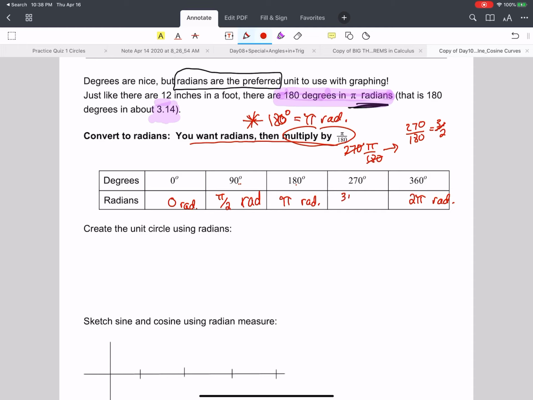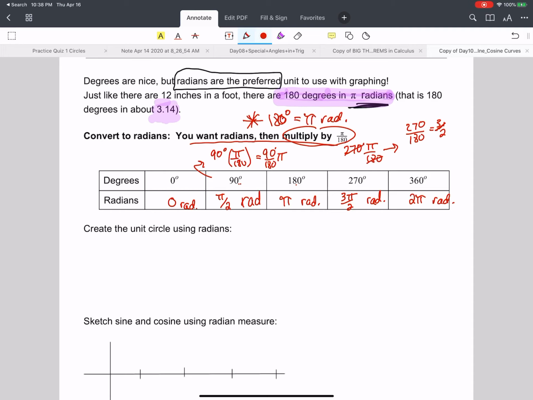So this is 3 pi over 2 radians. So the whole multiplying by pi over 180 could have always happened. Like if you have 90 degrees here, you can multiply it by pi over 180. If you reduce that, that's 90 over 180 pi, which is just a half, pi over 2. So same thing, or a half of pi.